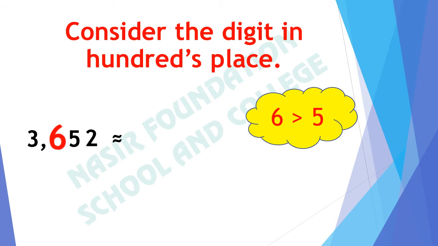It means we will round the digit up, that is in the thousands place. Here it will be 4, and the rest of the numbers will become 0. All digits on the right hand side of the rounding up digit will be 0.